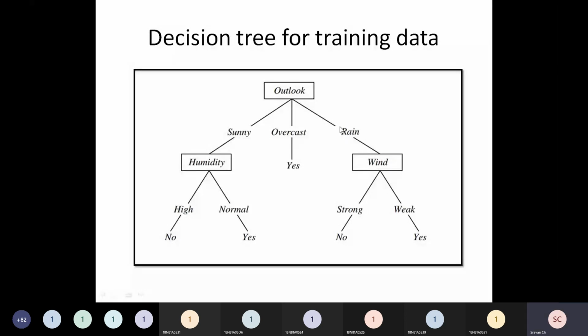Now, just by looking at my data set, I know that whenever the value of Outlook is overcast, every time the result was yes. So straight away I can write yes as the leaf node. The outcome will be yes if the Outlook value is overcast. You can cross check this.